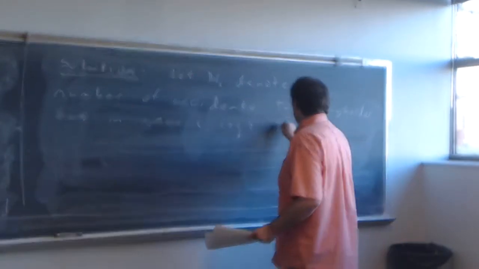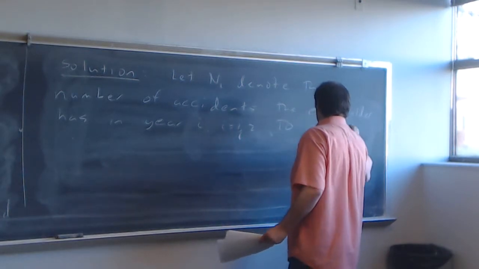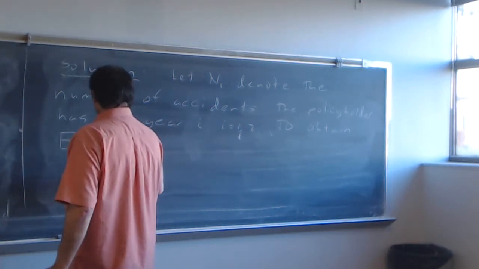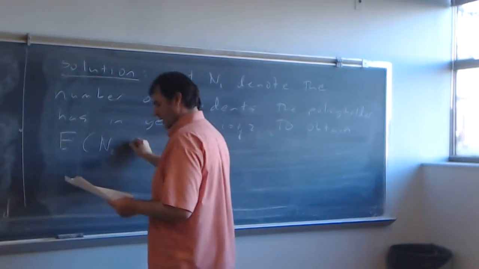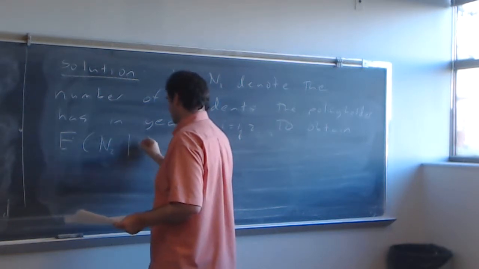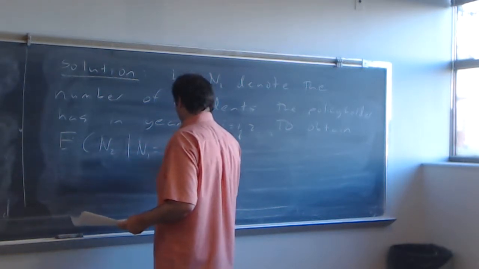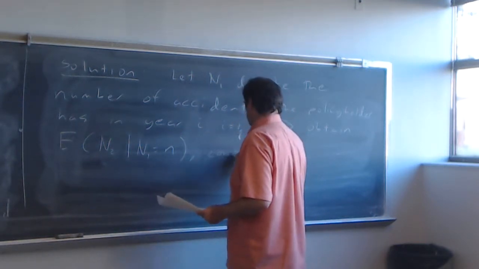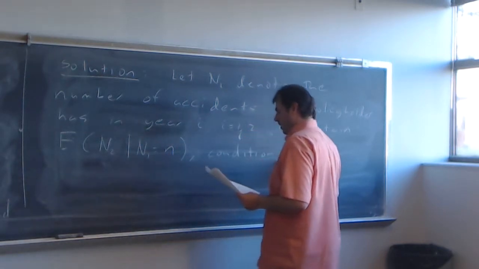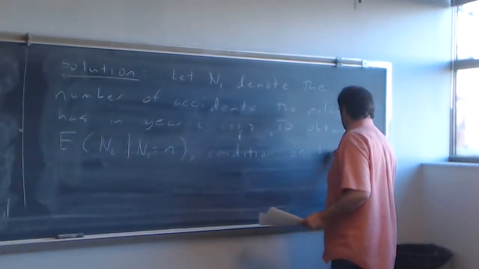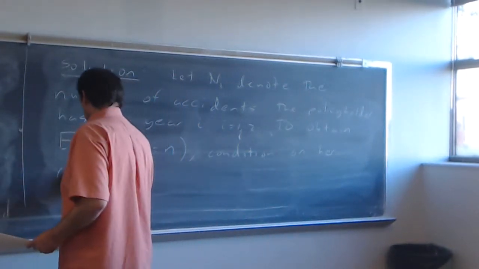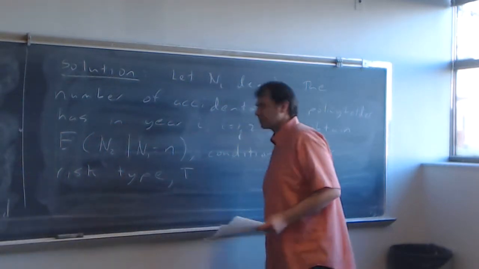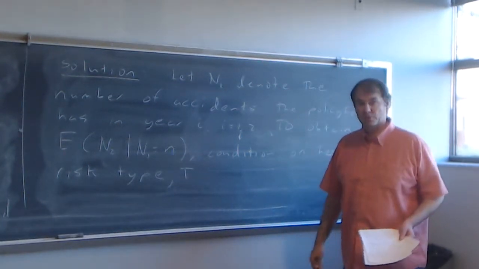To obtain the conditional expected value of N sub 2 given N sub 1 is equal to n, we condition on her risk type, T. That was the type of policyholder you could be.